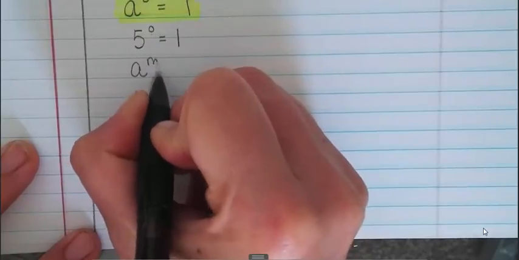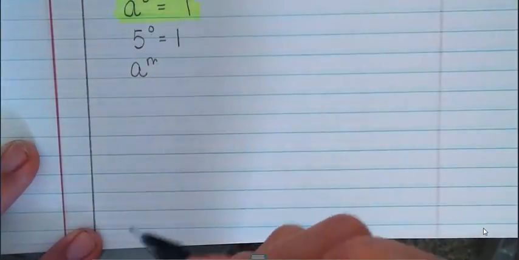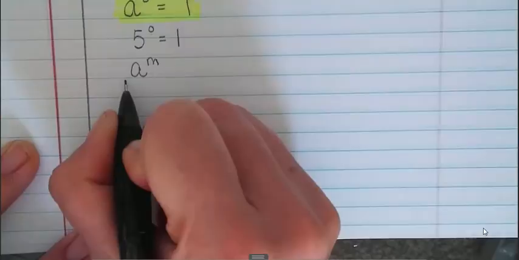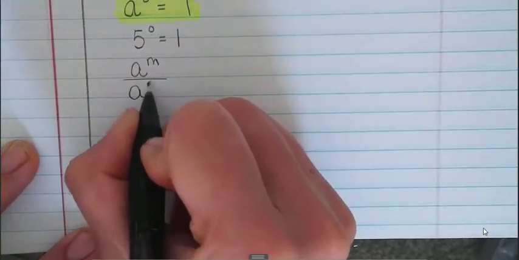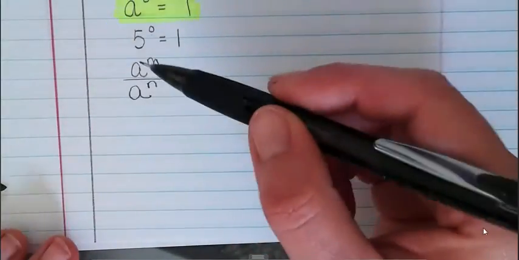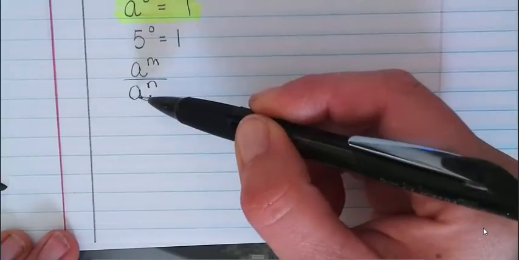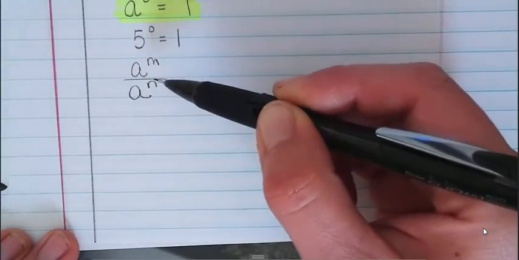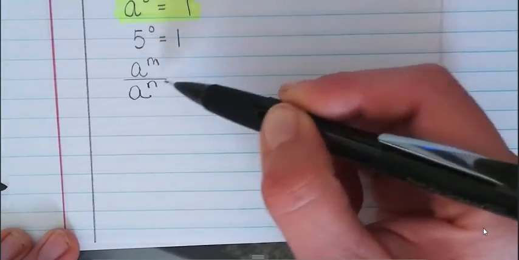So you have a to the m power over a to the n power. Well, again, now we have the exact same bases, each being raised to powers, and we're dividing.